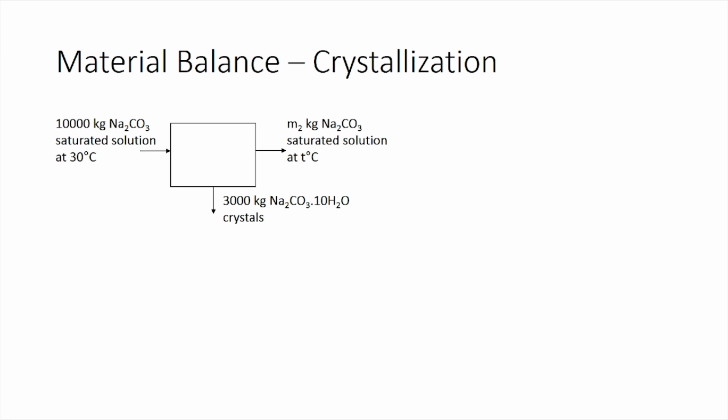The solid crystals which are leaving the crystallizer are actually not just Na2CO3. They contain the water of hydration, which is the 10 H2O molecules attached with every molecule of Na2CO3. So, now we need to calculate the mass fraction of Na2CO3 in the 3000 kilograms which is leaving in the form of crystals. For that we need the molecular weight of Na2CO3 and the molecular weight of 10H2O, and use that for calculating the mass fractions.